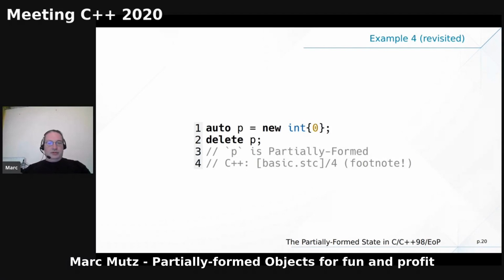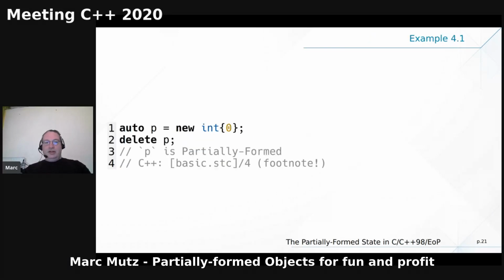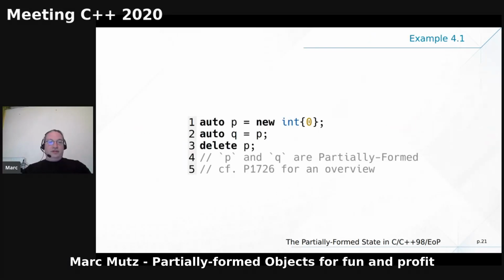It's implementation defined, but in portable code, you don't even know whether p was set to a null pointer by the delete call. And if you had a copy of p before, q would now be immediately zapped together with the delete p. And this causes problems for concurrent implementations of certain algorithms and data structures. See P1726 for more.